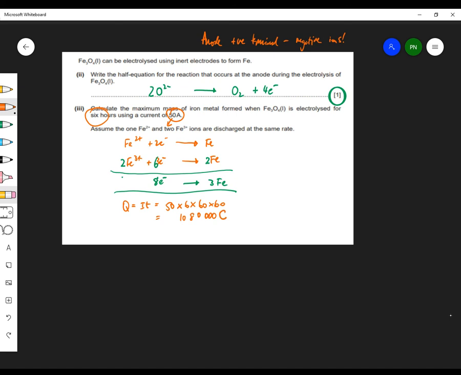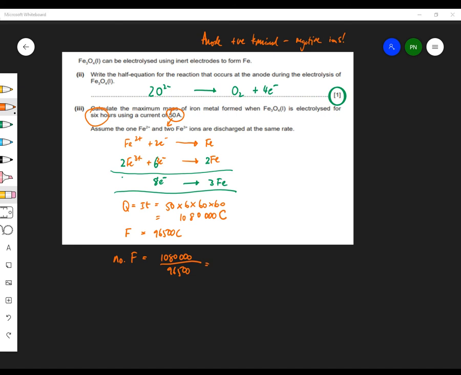Well, a Faraday is a mole of electrons, and 1 Faraday is equal to 96,500 coulombs. So the number of Faradays is equal to the number of coulombs divided by 96,500. Now I'm going to get the calculator out.